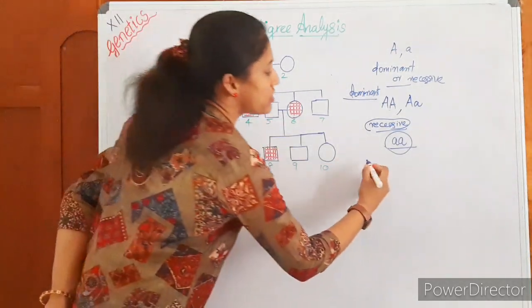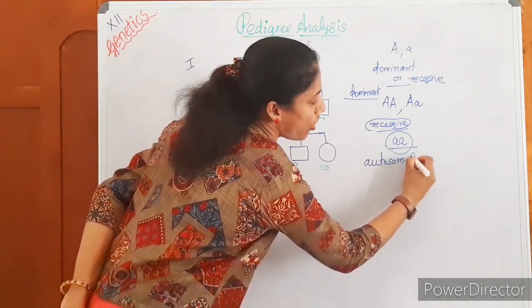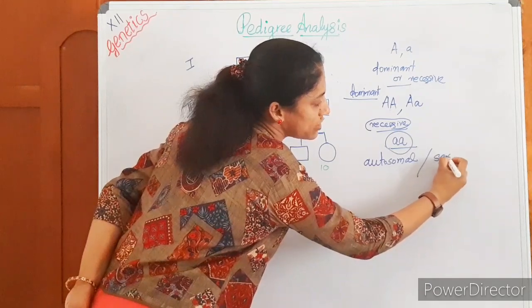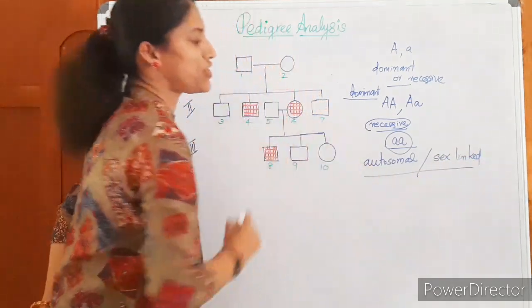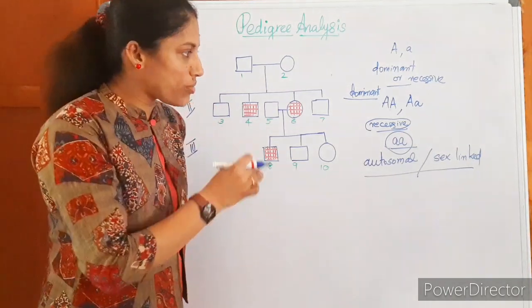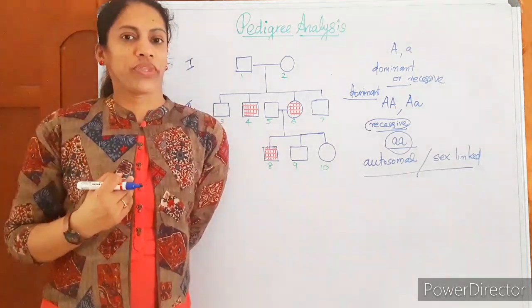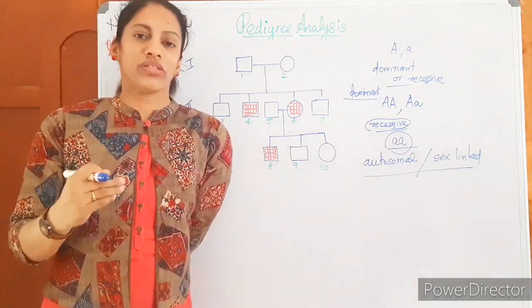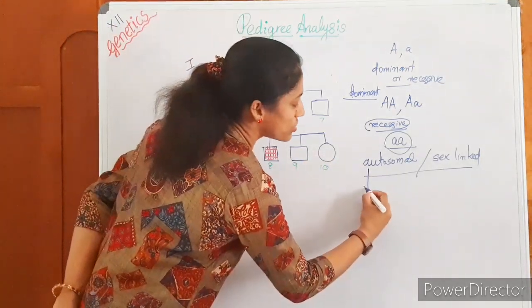The next case is whether the disease is autosomal or sex-linked. From the pedigree chart we can understand whether the disease is autosomal or sex-linked. What do you mean by an autosomal disease? A disease which is due to a change or mutation in the autosome.